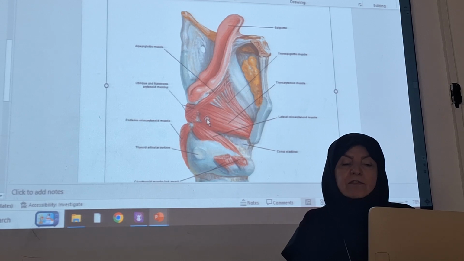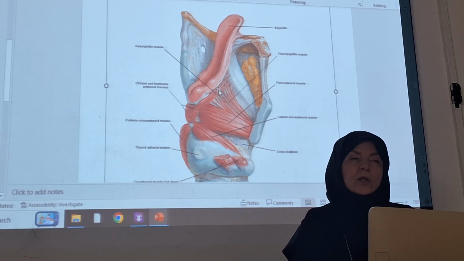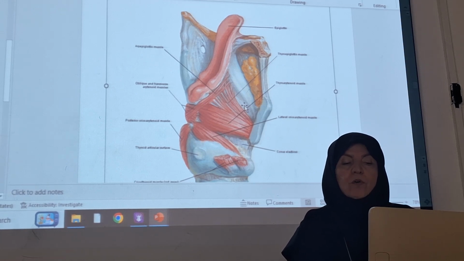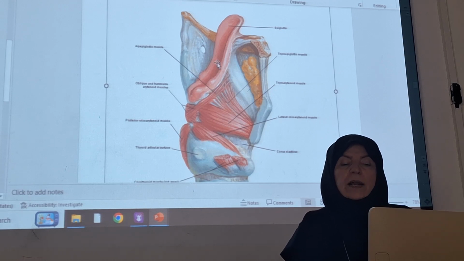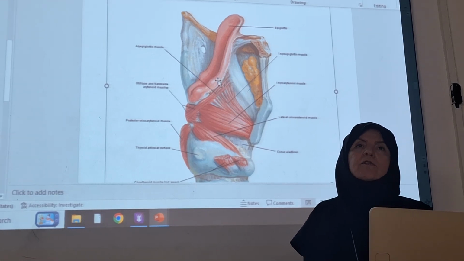Some of the muscle fibers go superiorly into the aryepiglottic fold, this part.